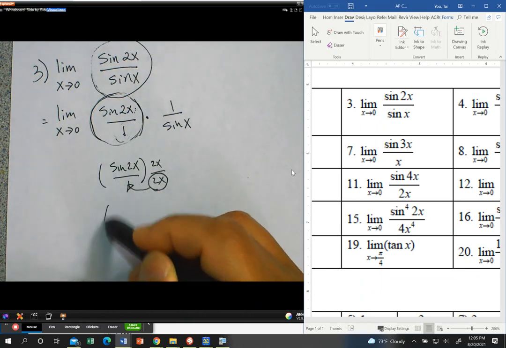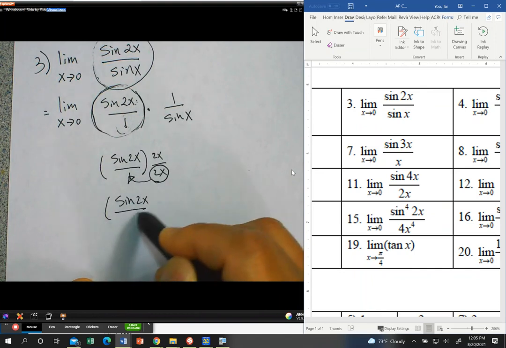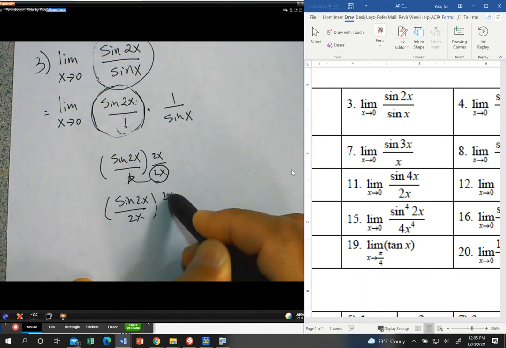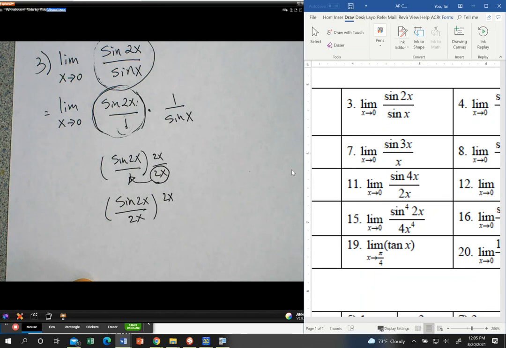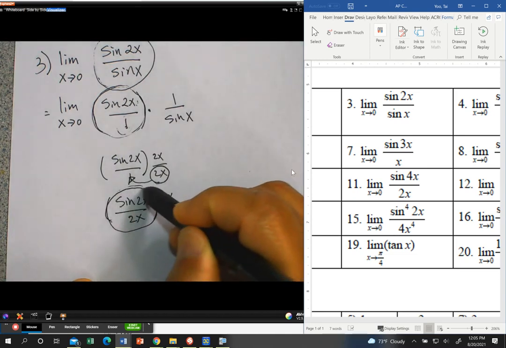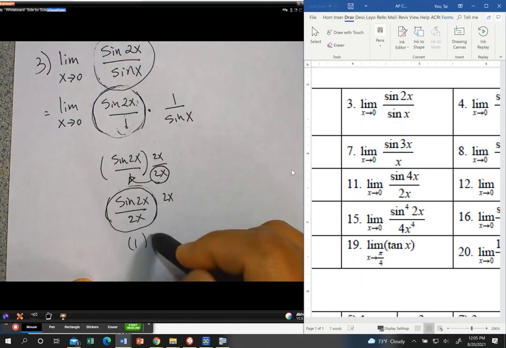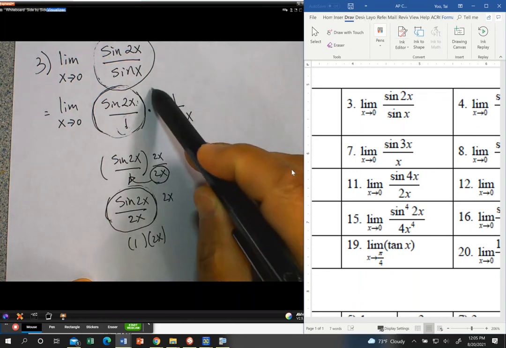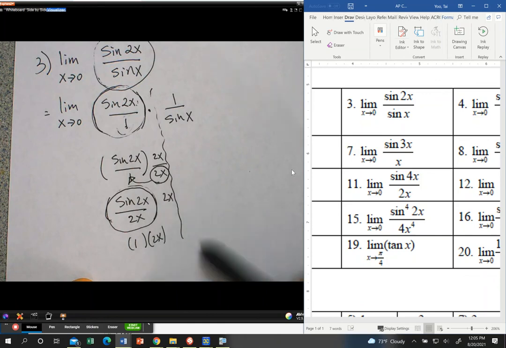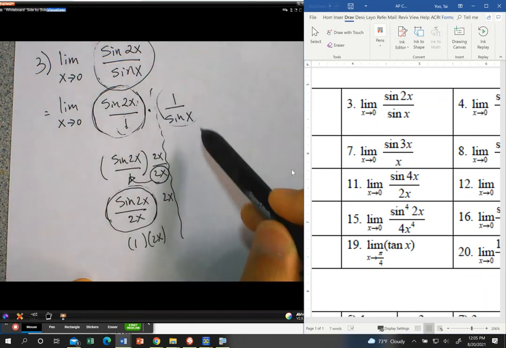So this is sine 2x over 2x times 2x. Is it matching now? Yes. So what is that? 1. 1 times 2x. That's just the first part right there. Does that make sense? This one is your second formula.